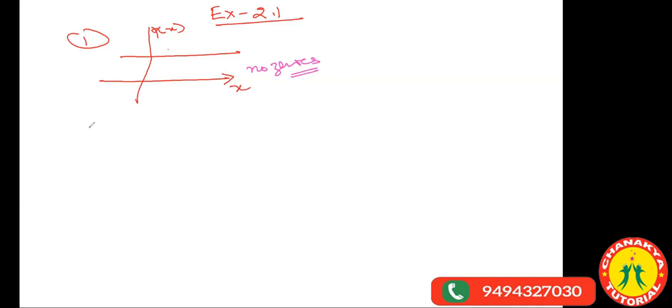Now next, again the function is given in x and p(x). The function is given as y equals p(x), and the graph is like this. This is your x, this is your p(x).